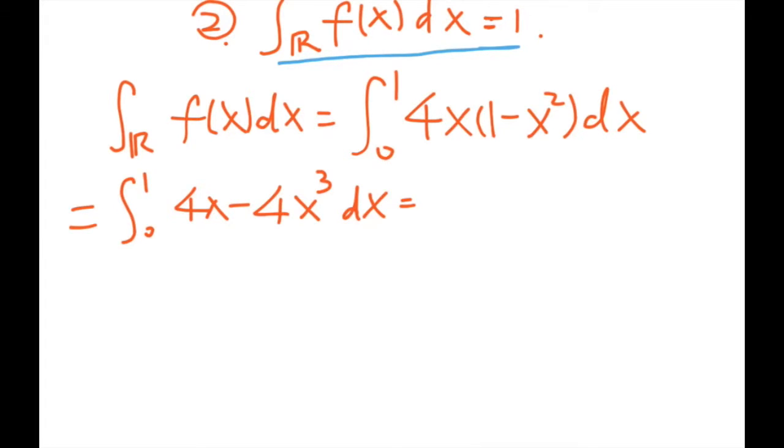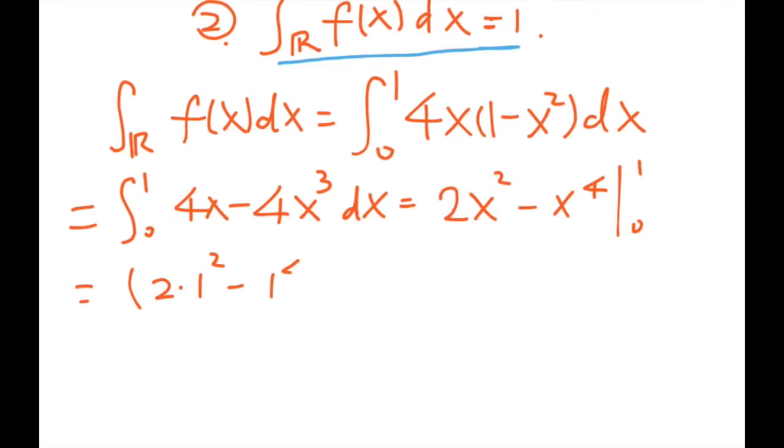And then if we integrate it, we will have 2 times x squared minus x to the 4th, and the limits are 0 and 1. And then we plug in the numbers. First we plug in x equal to 1, and we have 2 times 1 squared minus 1 to the 4th.